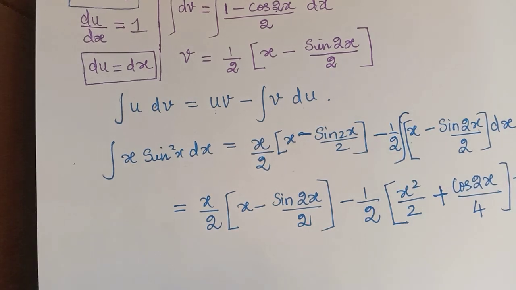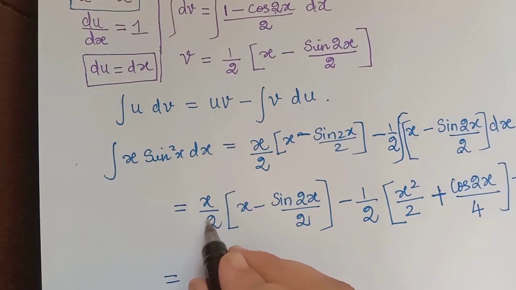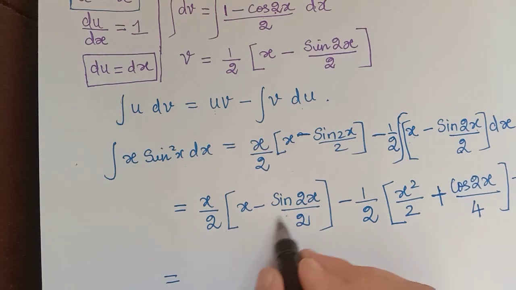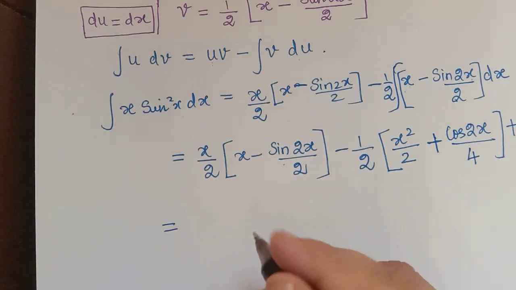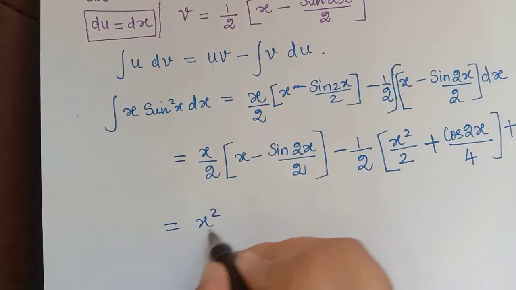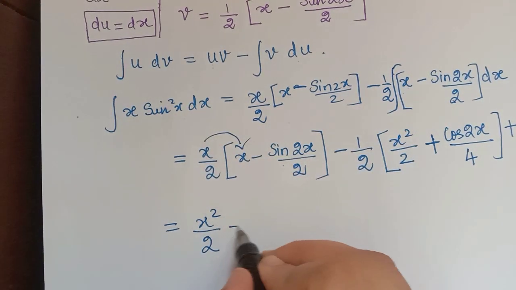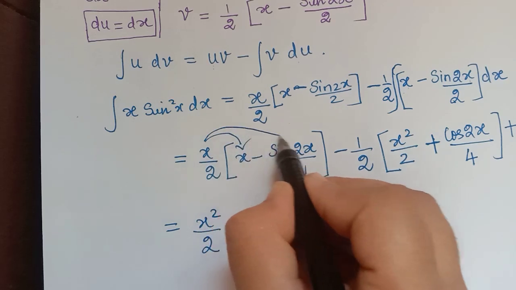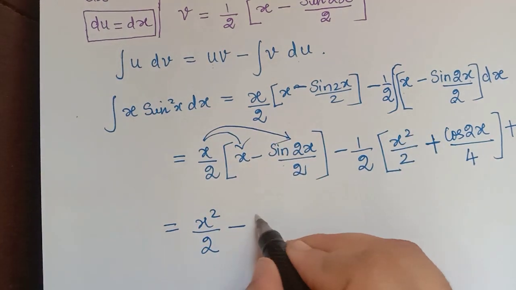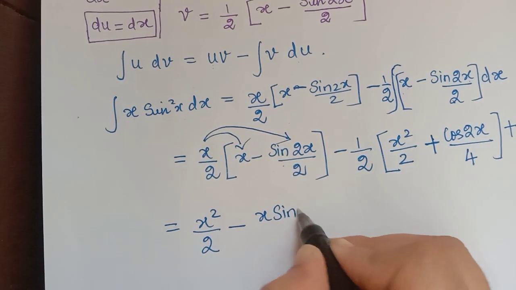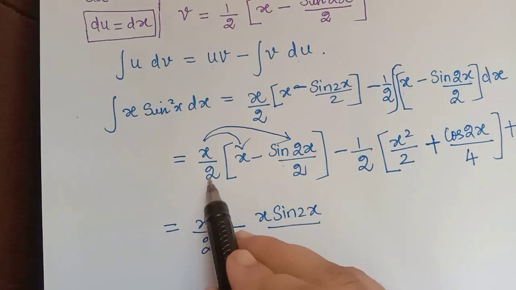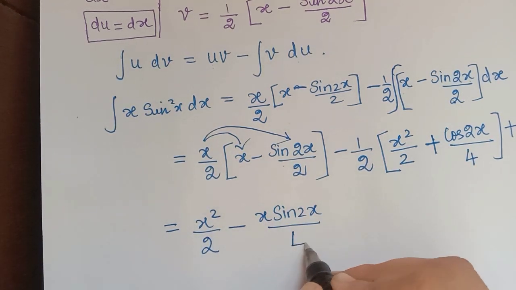So further this can be simplified. When this x by 2 is multiplied inside the bracket, we get x squared by 2. Because x by 2 multiplied with this x, and minus x by 2 multiplied with this term, it will be x sine 2x divided by 2, and 2 gets multiplied and it becomes 4.